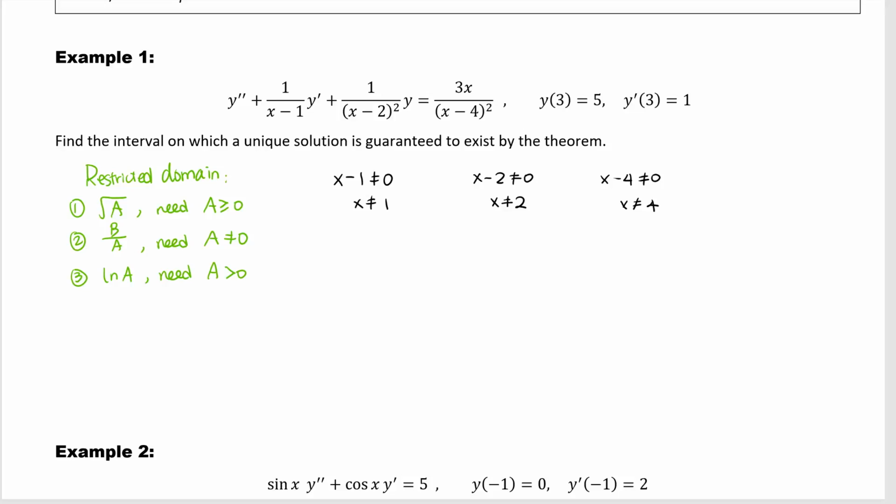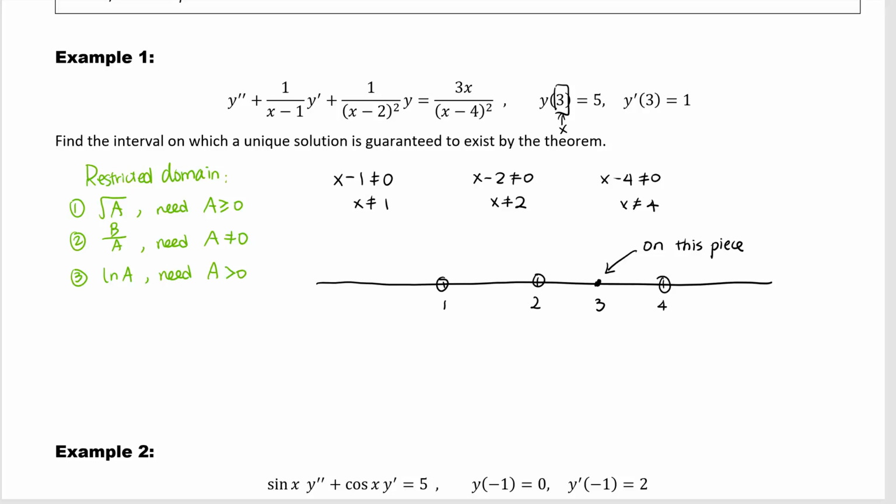Okay, so let's draw our real number line. x cannot be 1. 1 is here. x cannot be 2, and x cannot be 4. Okay? So let's look at our initial value. Our initial value x is 3. Where is 3? Right here. So we're actually on this piece.